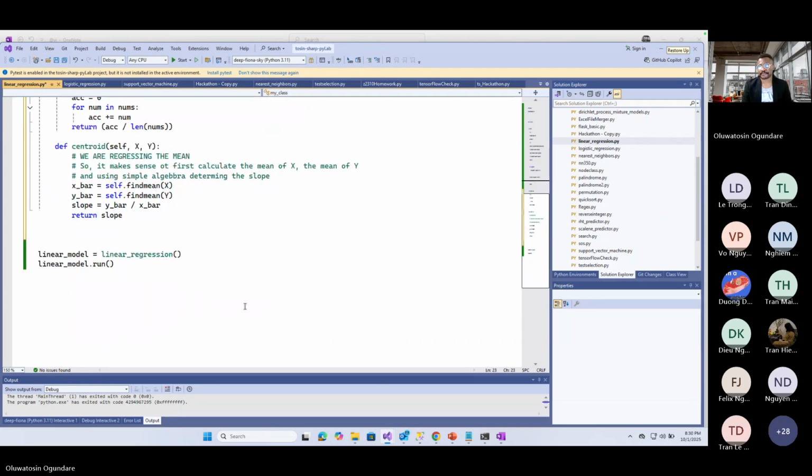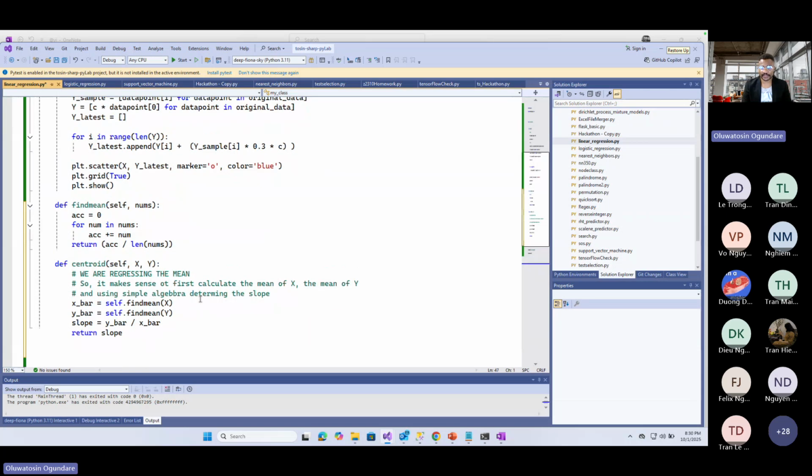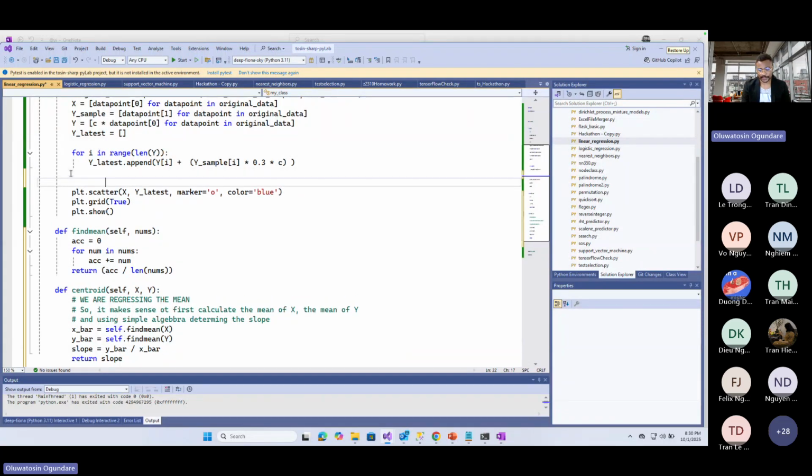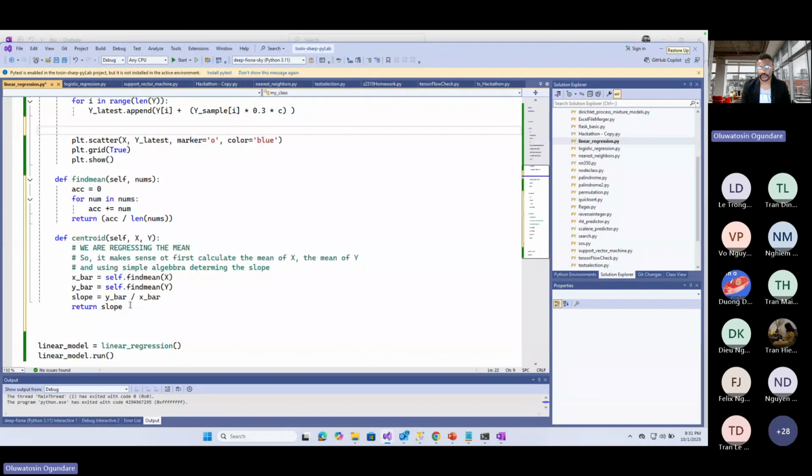Okay. So this is the idea for a centroid. And here, just before we plot, in fact we can move these functions up.